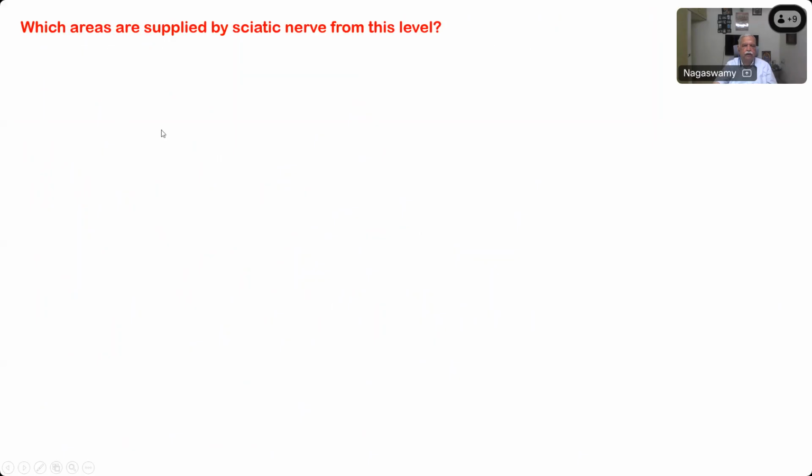Which areas are supplied by the sciatic nerve from this level at the popliteal crease level? What is the area of the lower limb supplied from the popliteal fossa level by the sciatic nerve?